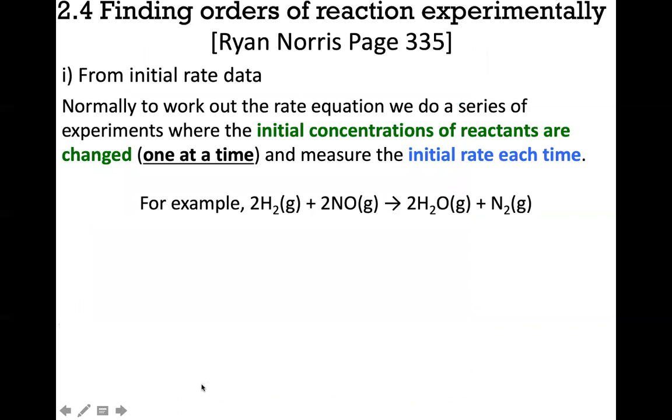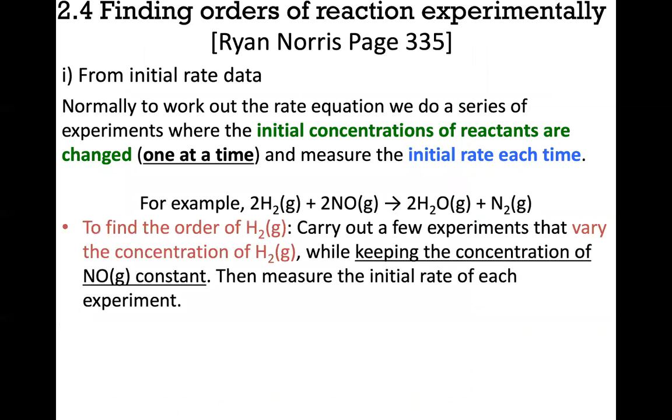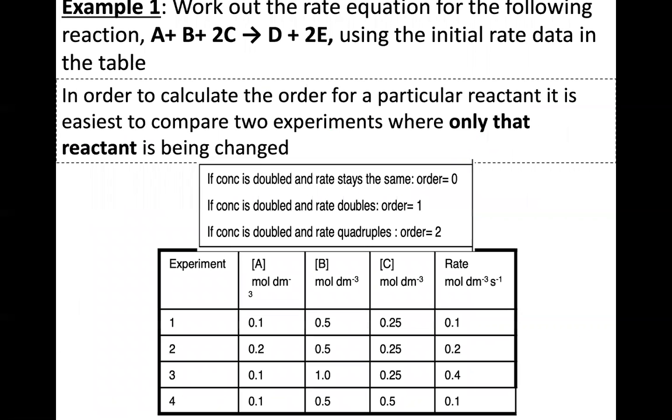Okay, and then we looked at how we can use the initial rate of reaction to determine the order. So the best thing, if you are given several experiments and you want to find the order of A, B, and C, is to work one by one.